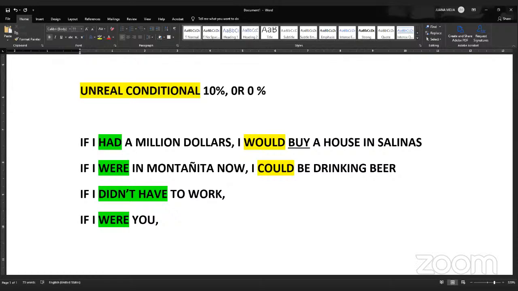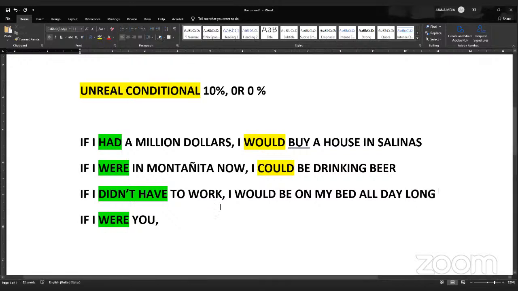But if I didn't have to work, I don't know. If I didn't have to work, I would be on my bed all day long. Or like you said, well, I would be on vacation. Estaría de vacaciones, okay? If I didn't have to work, I would be on vacation.